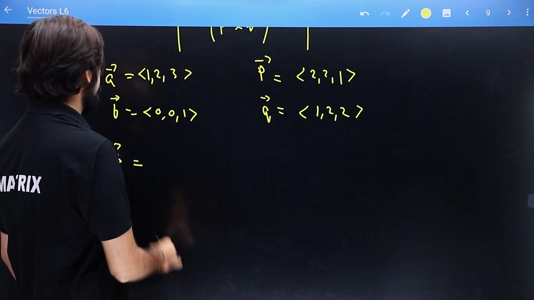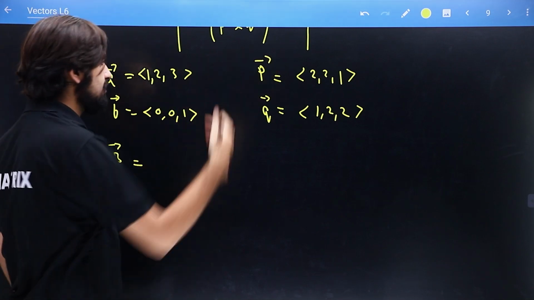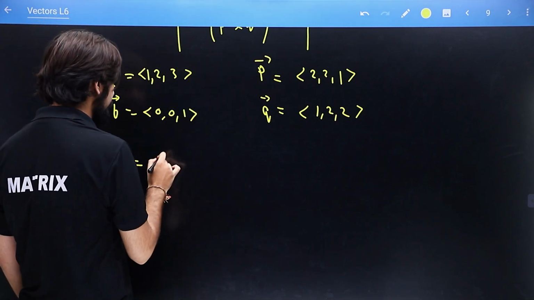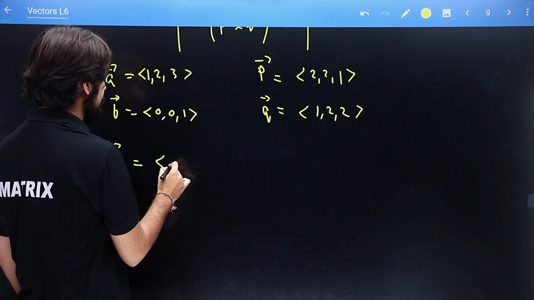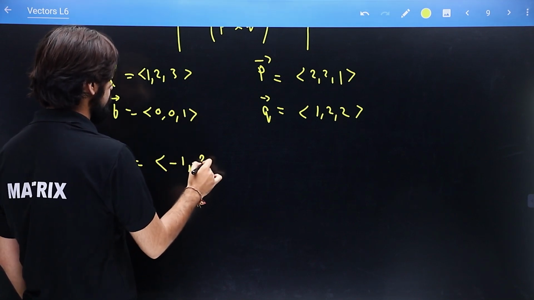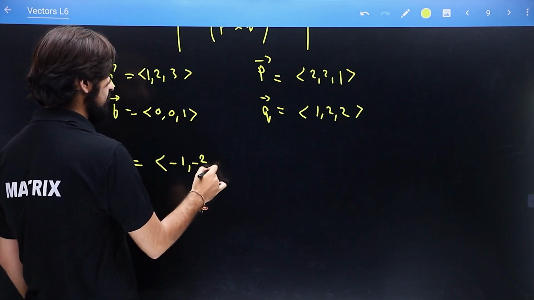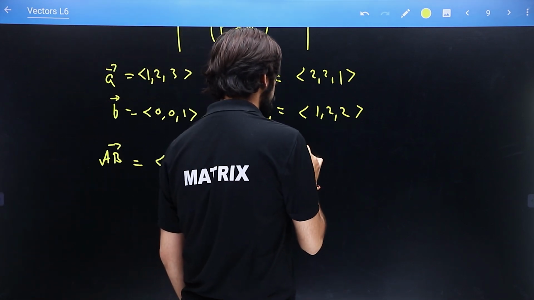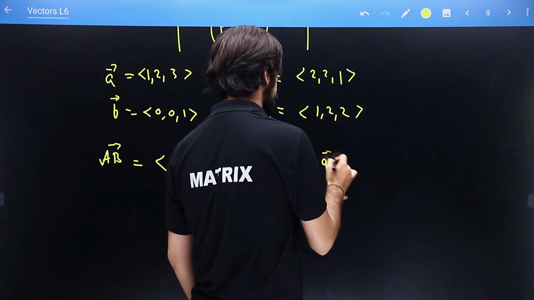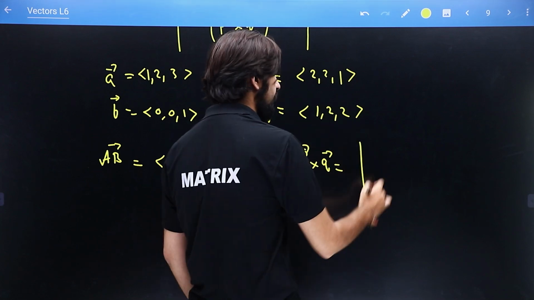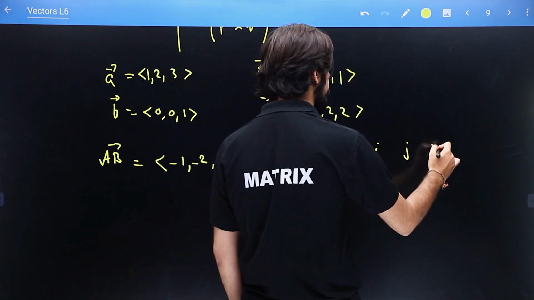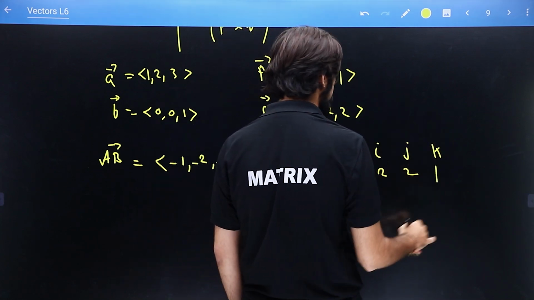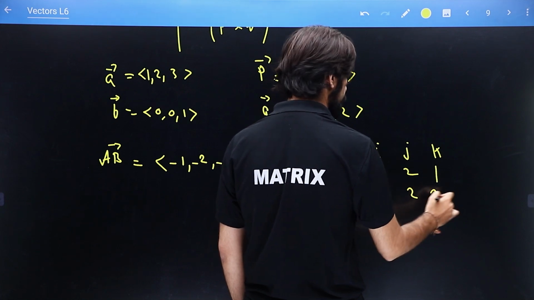So what will be the AB vector? I can directly see that these lines are intersecting, but okay. AB vector will be B vector minus A vector. So minus 1, minus 2, and 1 minus 3, minus 2. What will be vector P cross Q? P cross Q will be the determinant of i, j, k; 2, 2, 1; 1, 2, 2.